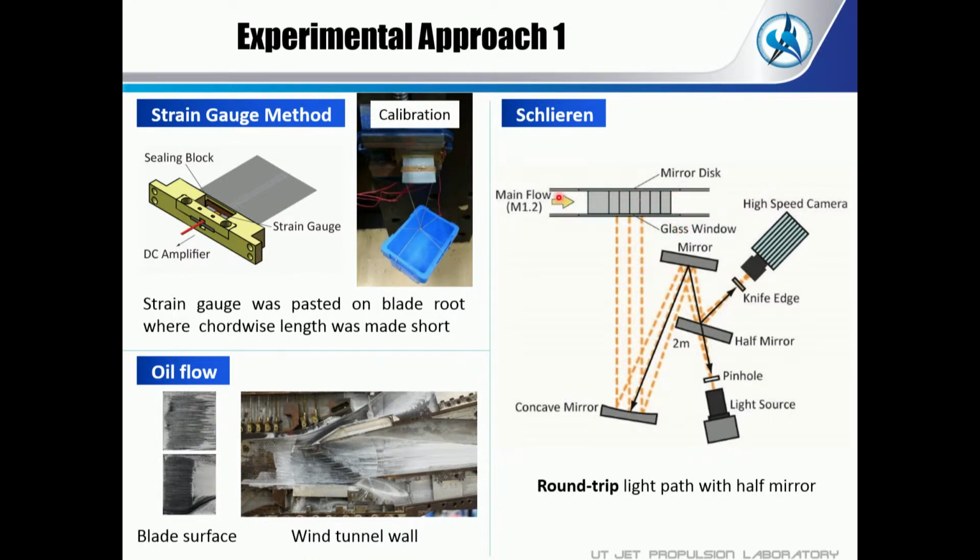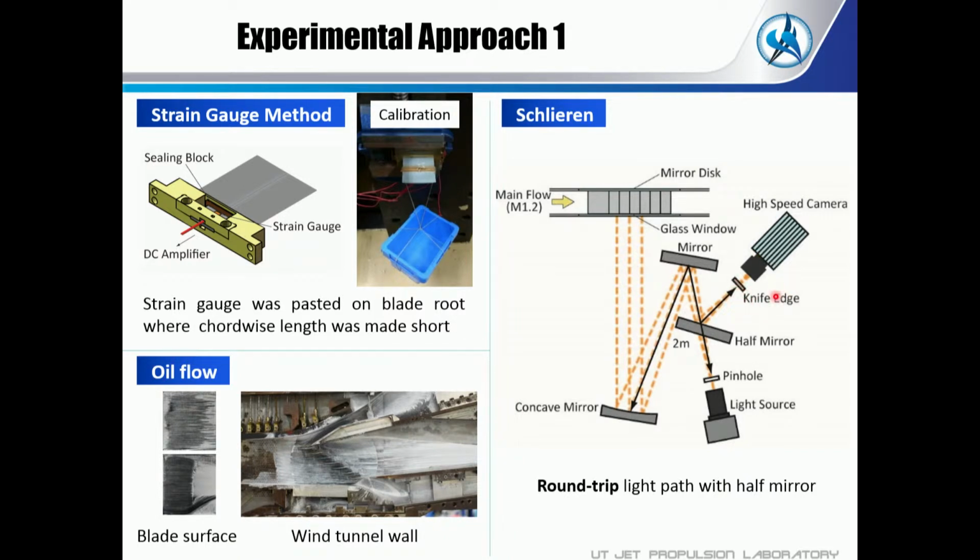On the other side, we use the mirror disk here. So we can catch the reflected light here, and then through the concave mirror and half mirror, we can detect both the source light and the reflected light. Both of them can be caught in the high-speed camera, and there is a knife edge.